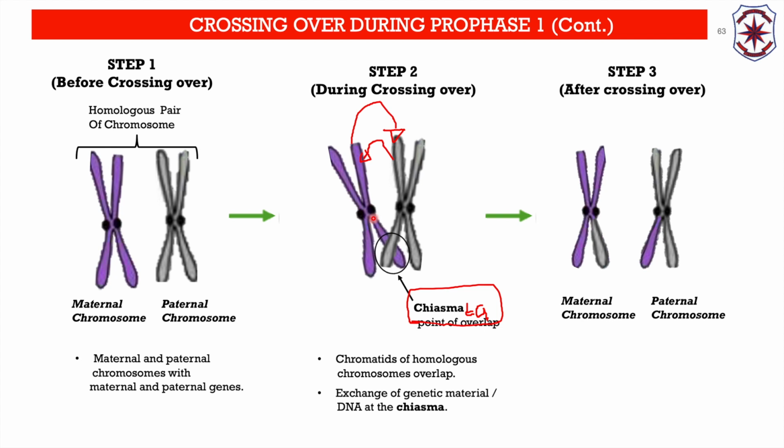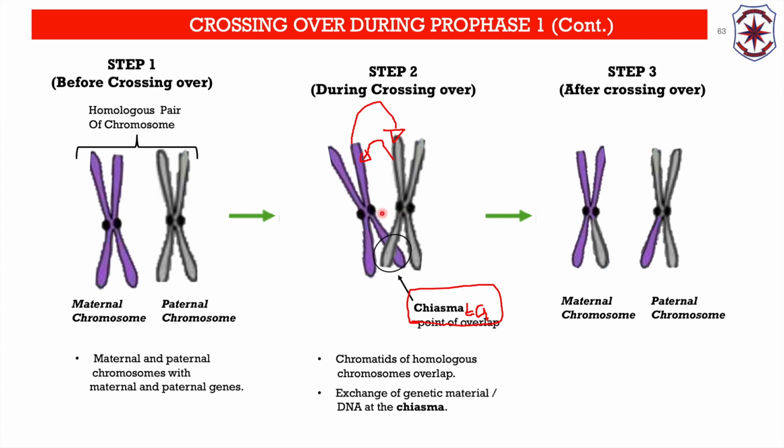Some of the genetic material from the maternal chromosome went to the paternal chromosome. So there was an exchange of genetic material at the chiasma. You may be asked to draw chromosomes as they would appear in the cell after crossing over. Okay, you will be given a diagram. For example, you might be given this diagram. Okay, one might be shaded black and then the other one will be left as white.